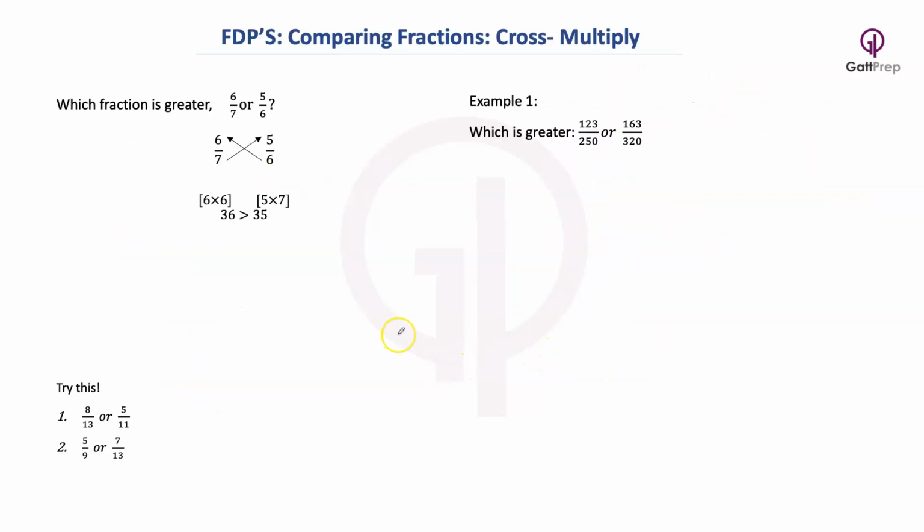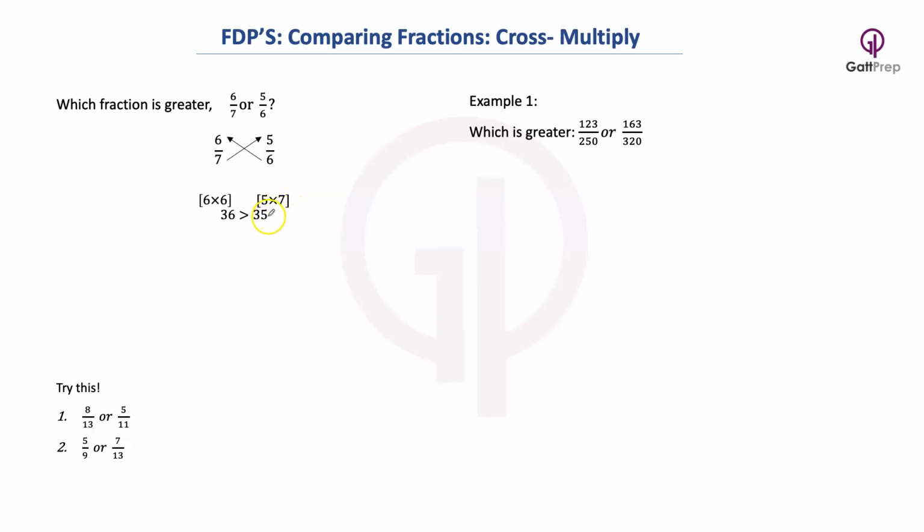Now we will take a look at comparing fractions under FDPs: fractions, decimals, and percent. Here we take a look at this example, which is, which fraction is greater, 6 over 7 or 5 over 6? Now the shortcut to comparing fractions is by cross multiplying.